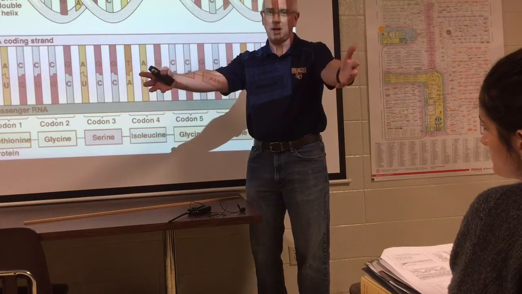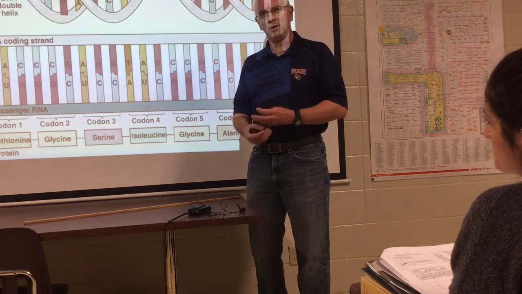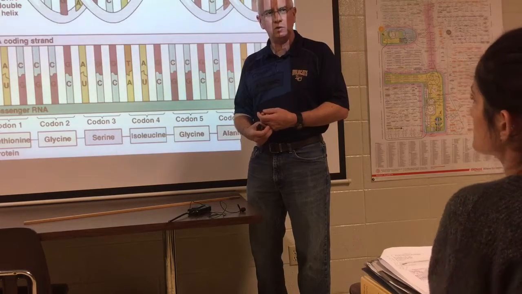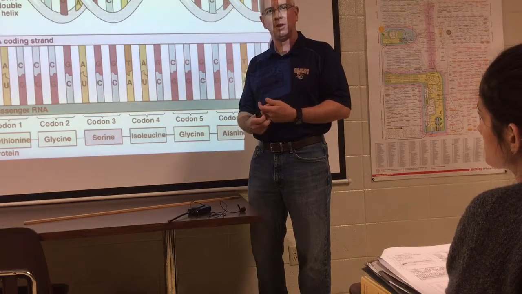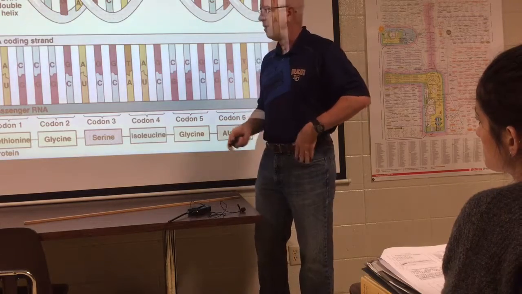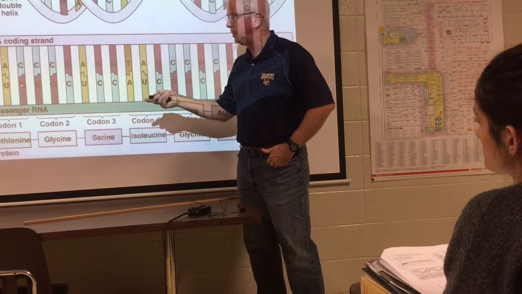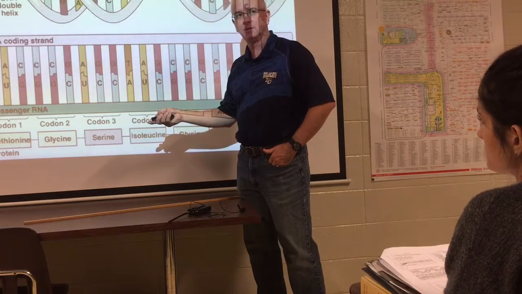And you all will have to learn, if you didn't have to learn them in organic, the codes for the 20 amino acids that are used to make the proteins of life. We call those the codons. And they are 3 base sequences specific for particular amino acids.